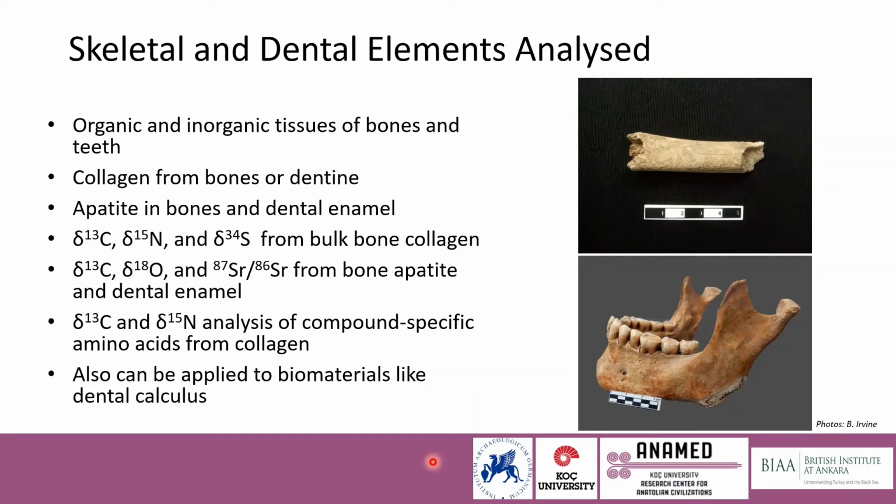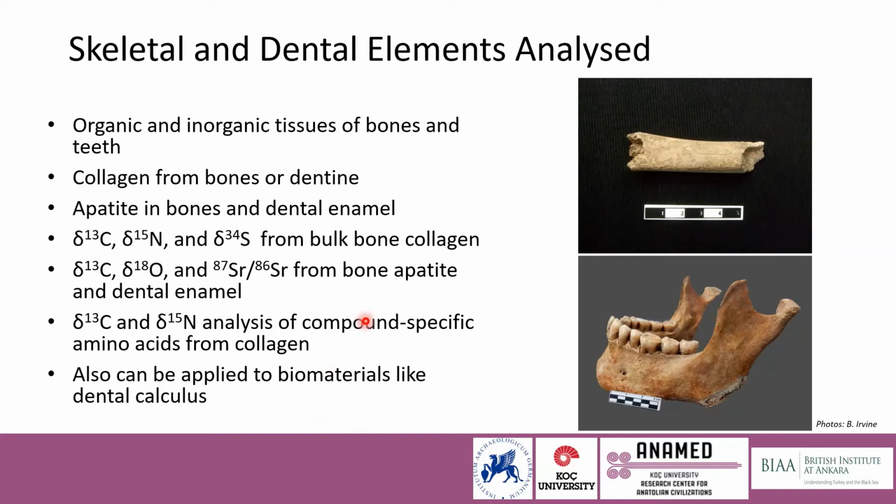The organic part in bones, or the dentin of teeth, is collagen, and in bones the inorganic part is the apatite. Generally delta carbon-13, delta nitrogen-15, and delta sulfur-34 are from bone collagen. This can be bulk bone collagen, where you extract collagen from the bone and then analyze it.